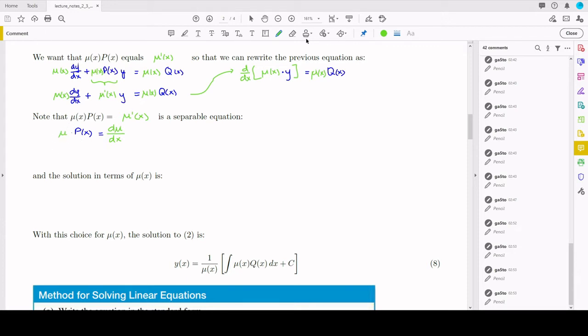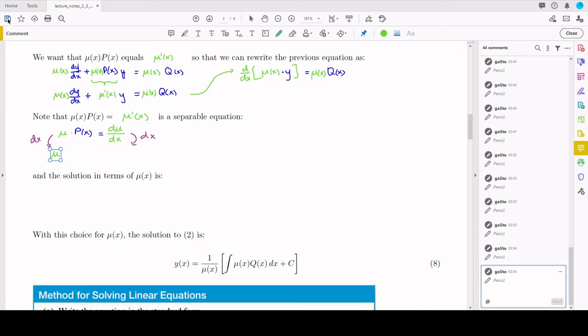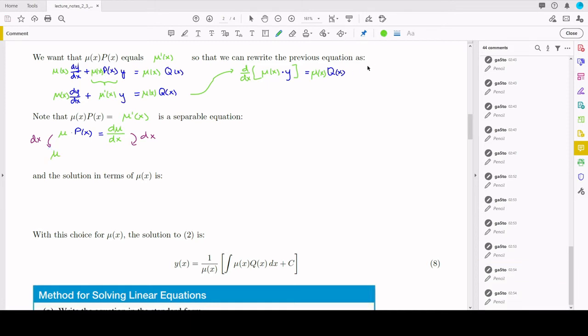So we can use the methods from the last section. The first thing we do is multiply both sides times dx. And what we get on the left-hand side is mu times p of x dx.